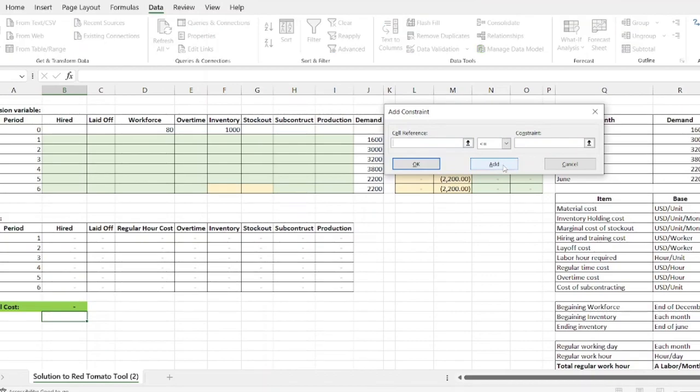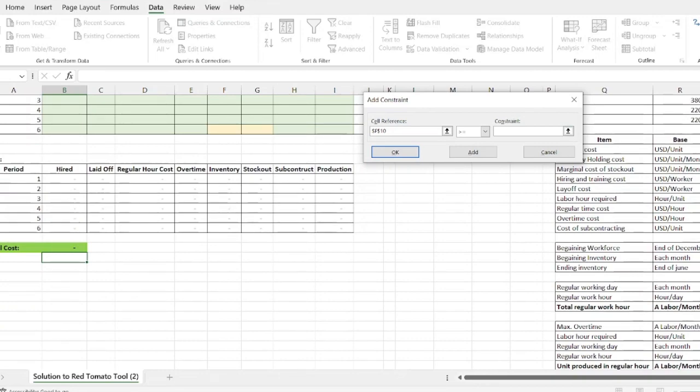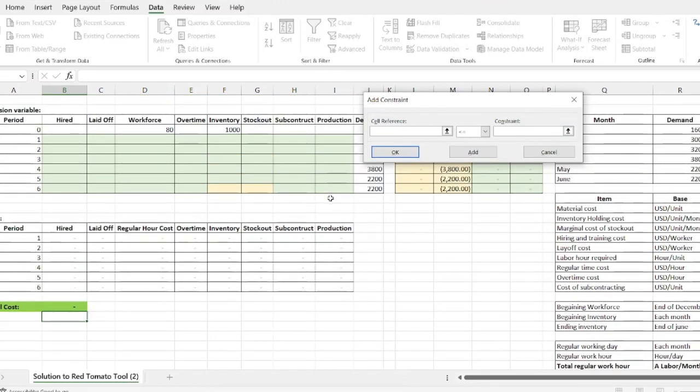Then we had another constraint, that the ending inventory has to be greater than or equal to 500. Add. And if you understand this equation, then you can see that we cannot consider any stock out in this last, so this has to be 0.